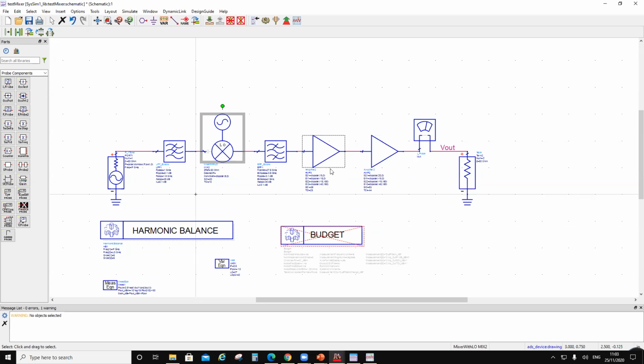So then I'm going to split it up into driver and power stage, or I might need a 3-stage. So that's how you do it. You divide the gain over different paths. You decide the output power delivered. From there, you decide what should be the compression points for each one of the stages. So I hope I have answered your question.